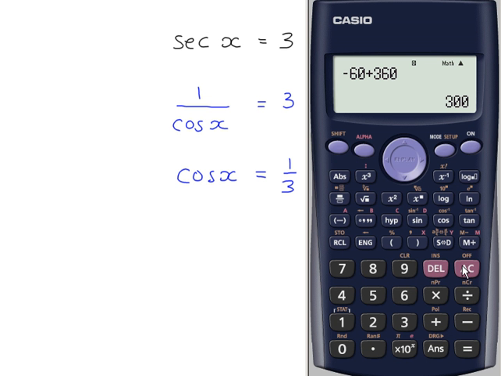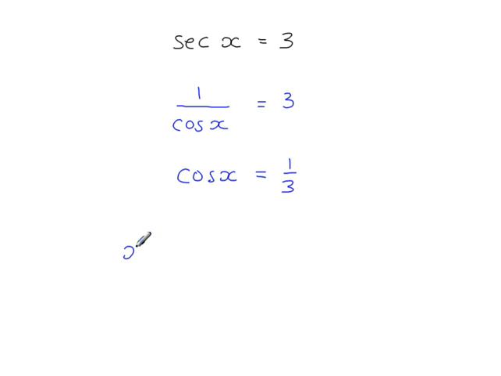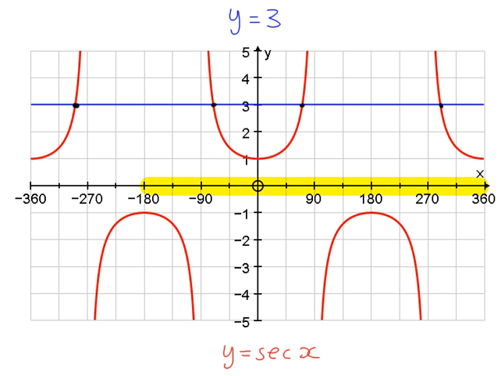And now you're able to go to your calculator and just do what you normally do. So inverse cosine of 1/3 is equal to 70.5 degrees. So x is equal to 70.5 degrees. And on our sketch here, that angle is this one here. So that's 70.5 right there.